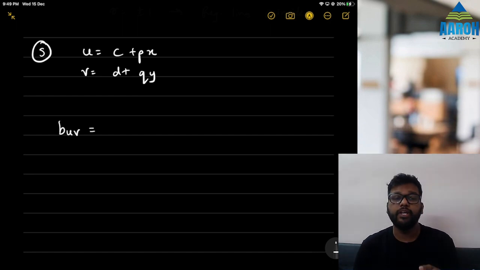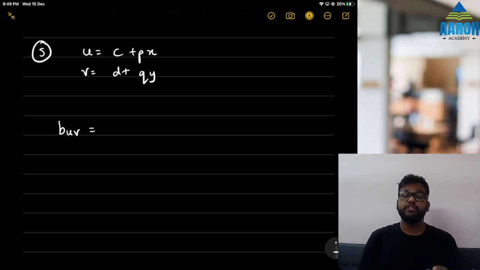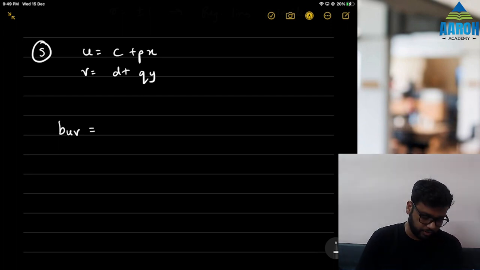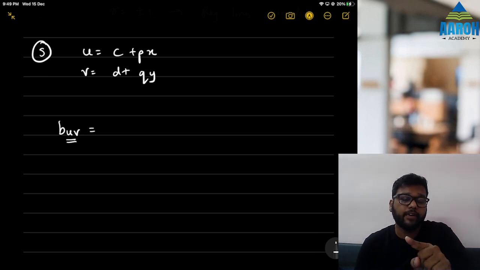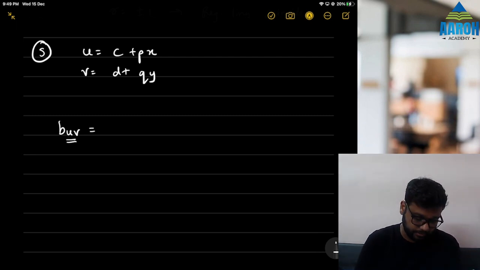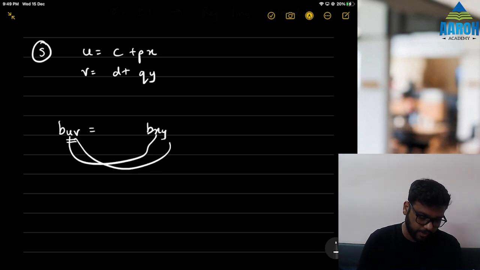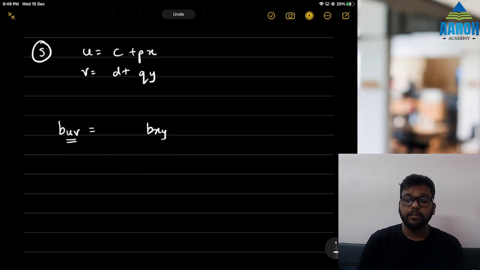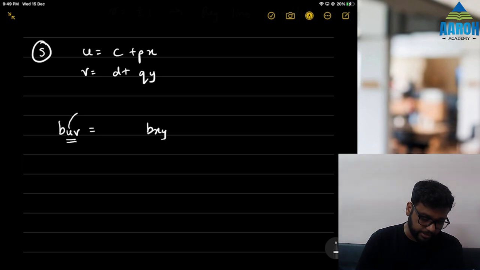If we want to find b uv, the simple way to remember is, logically tell me, will we have to take bxy as base or byx as base on the right hand side? Bxy, right? Because u is x and v is y, so we want bxy. Then we'll take change of scale of u upon change of scale of v.